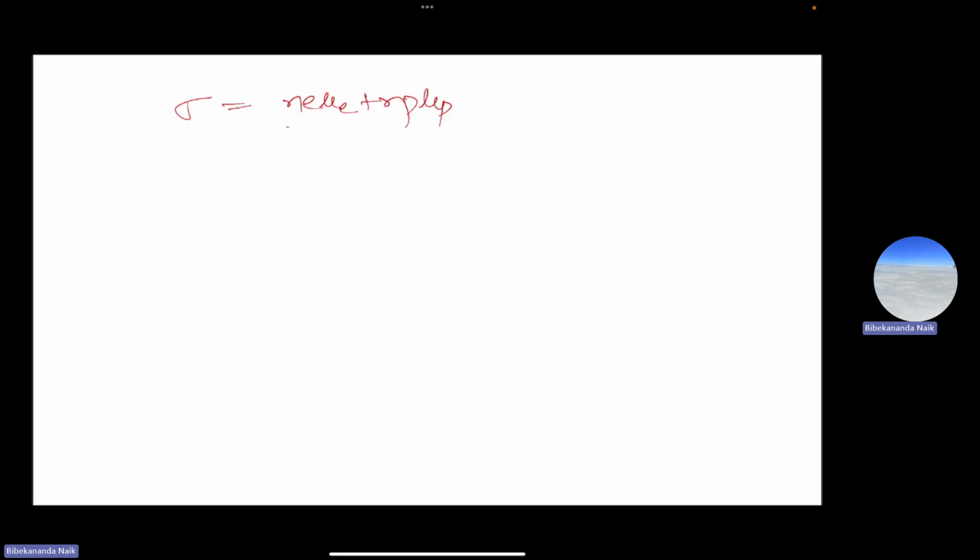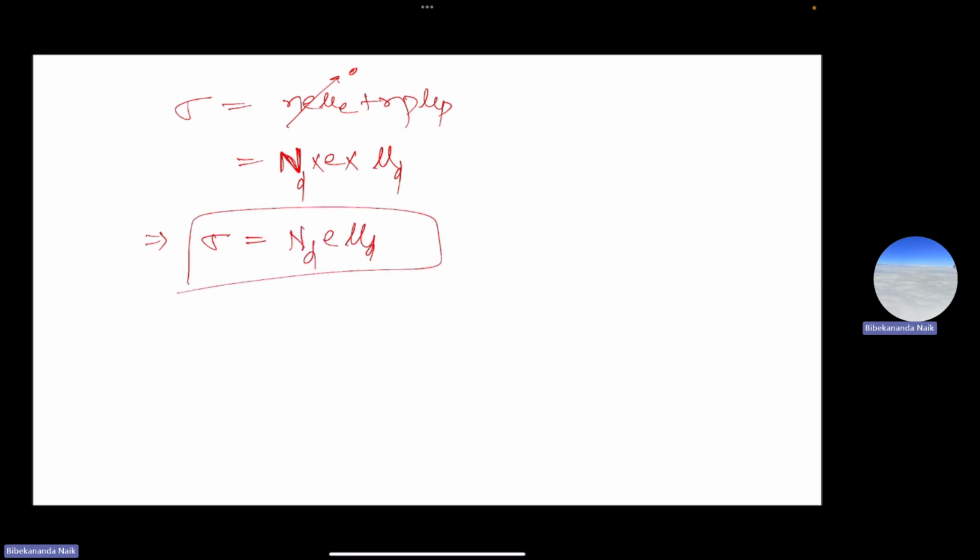So we will neglect this, and the conductivity will be mainly due to the density of the donor atoms. We will replace N with Nd, then charge e, and then the mobility mu d. So this is the expression Nd e mu d.